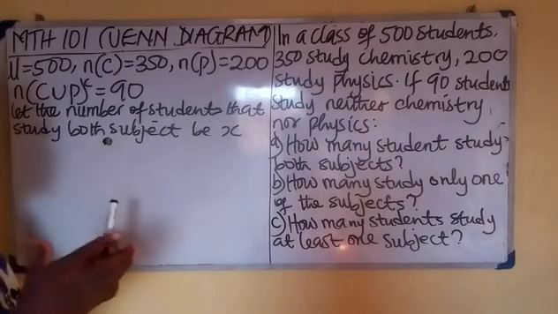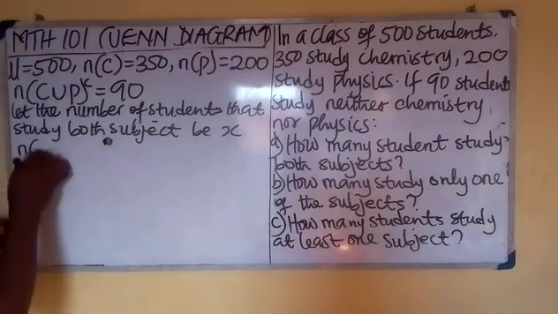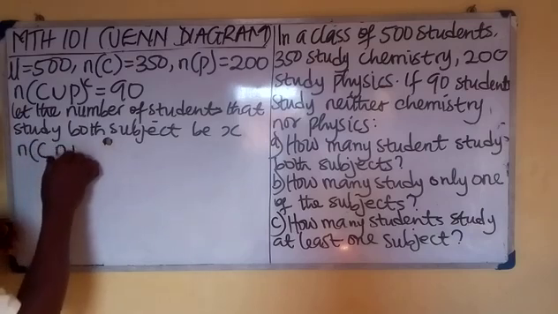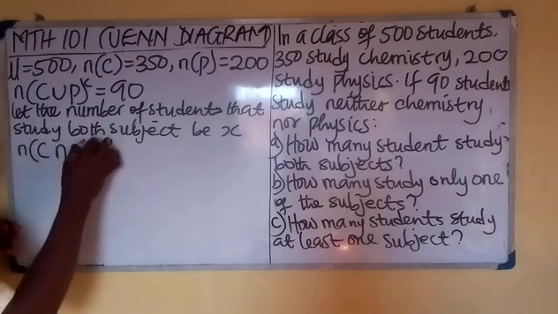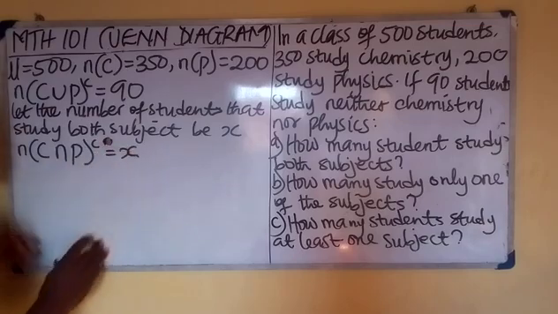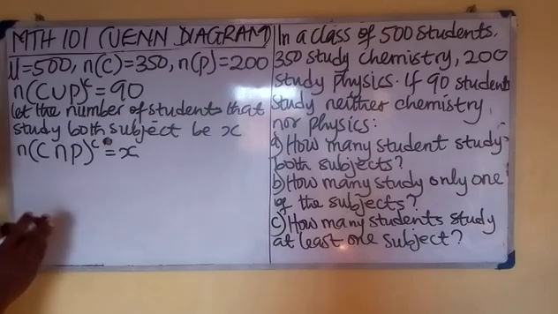That tells me intersect. So it means the intersect of chemistry and physics is X. So I don't know what to do, I merge them together.